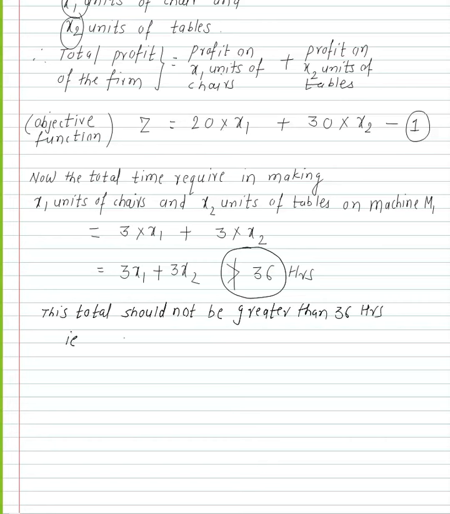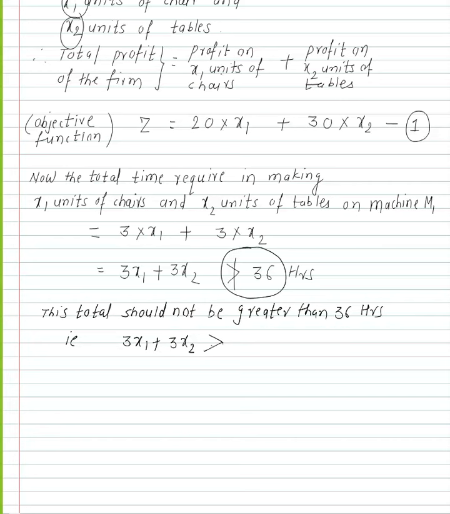That is 3x1 plus 3x2, which is the total time in hours we are using on machine M1.